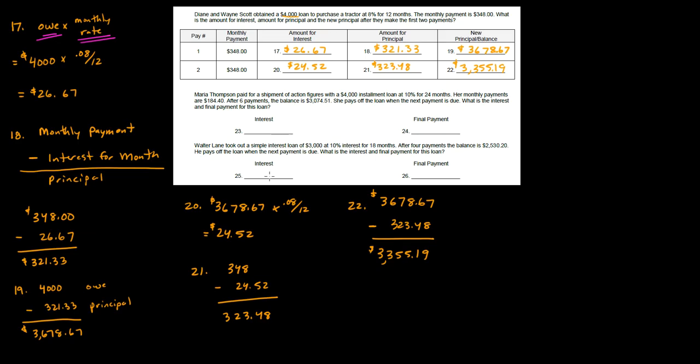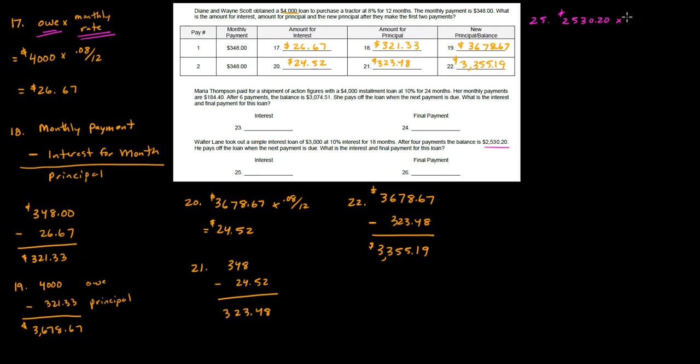At this moment in number 25, he didn't owe 3,000, he owed $2,530.20. So I'll take that $2,530.20 and multiply that times my 0.10 over 12, because that is my monthly rate, because it's a 10% APR loan and we need the monthly rate. And when I do that, I find that it is $21.09 that went toward interest.